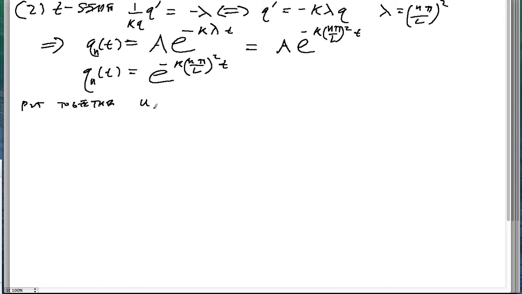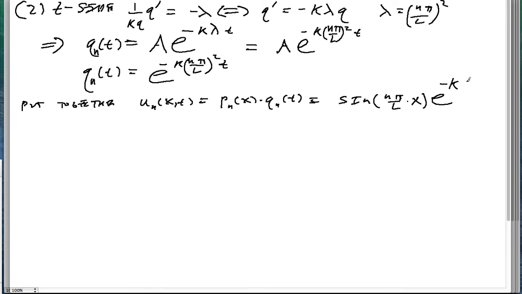We have u_n(x, t) is going to be equal to P_n(x) times Q_n(t), and we can write it down as sine(n pi over L times x) times e to the negative k (n pi over L) quantity squared t.